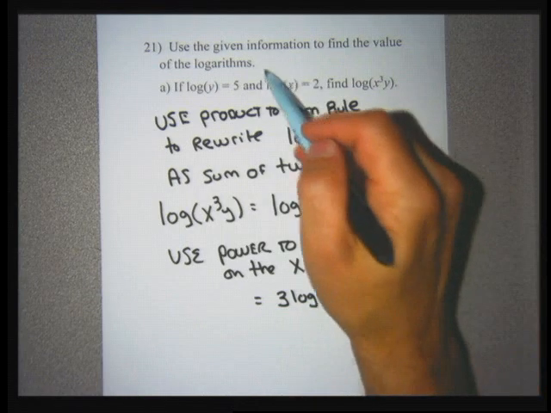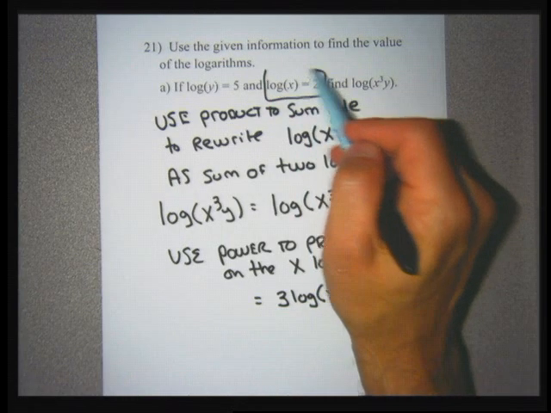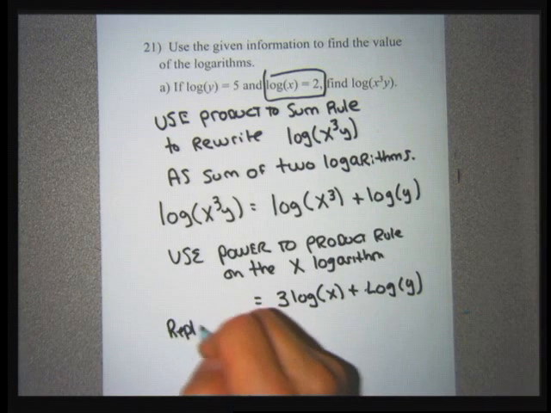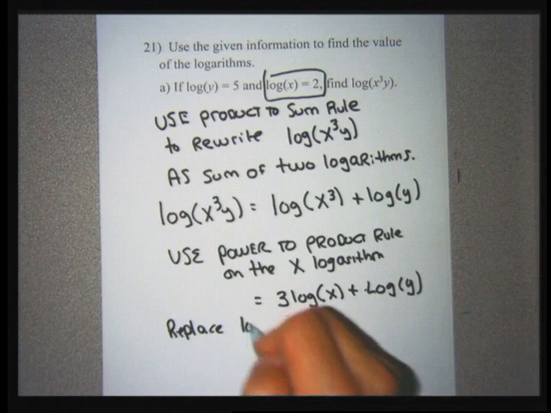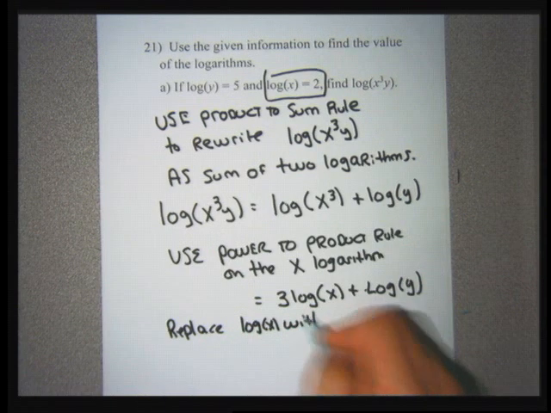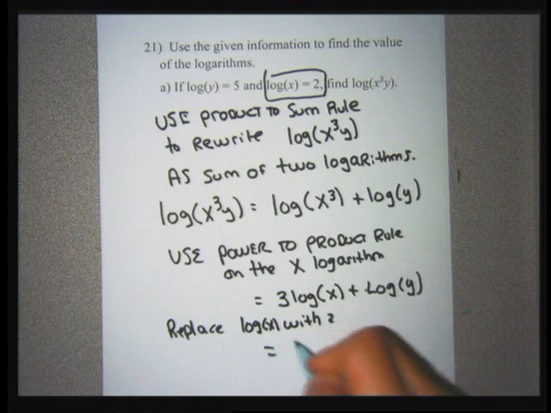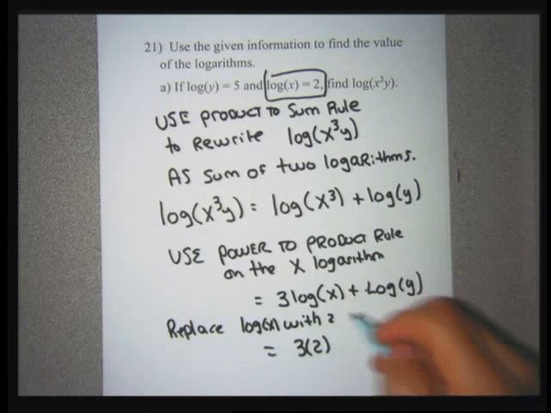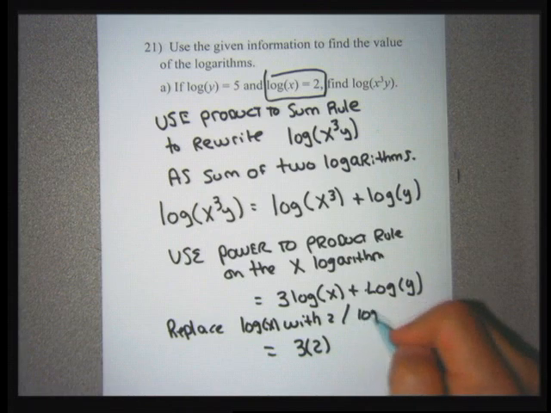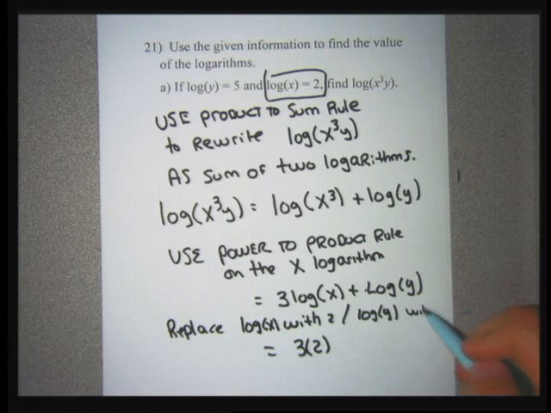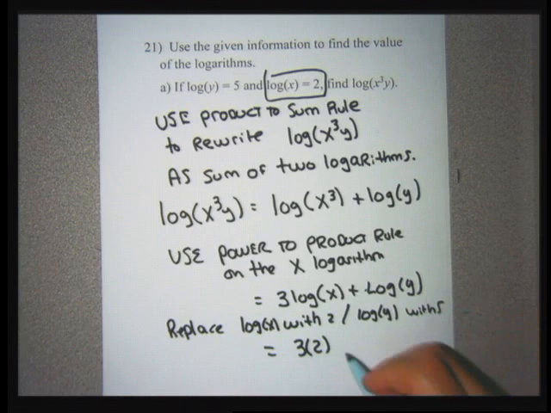Now I'm going to replace the log of x with 2. When I do that, I get 3 times 2, and I'm going to replace the log of y with 5.